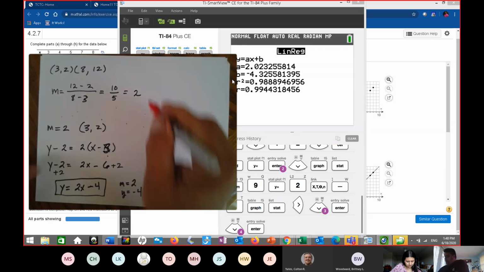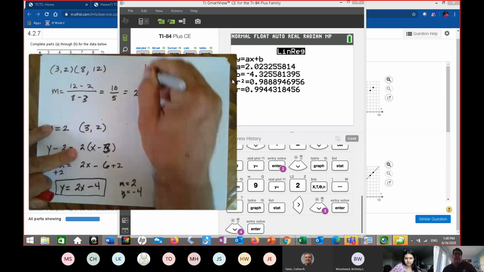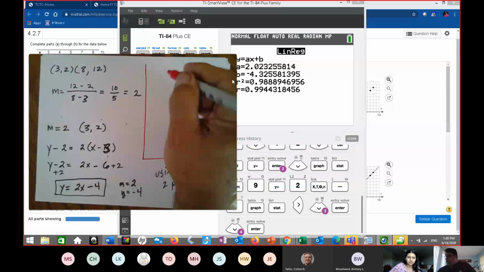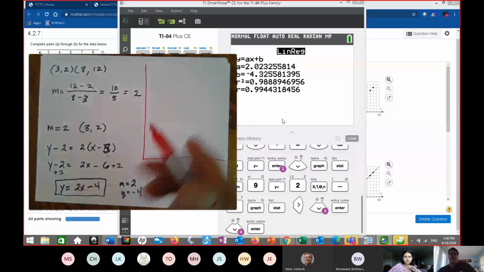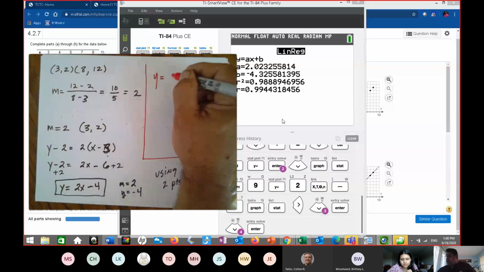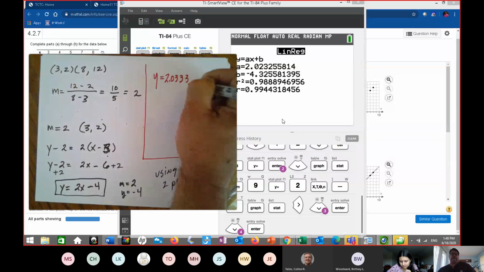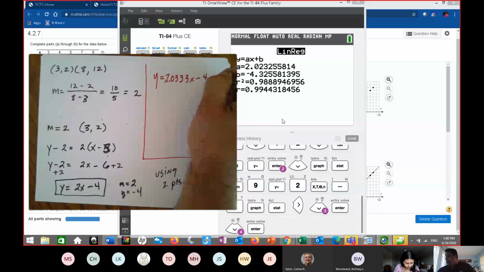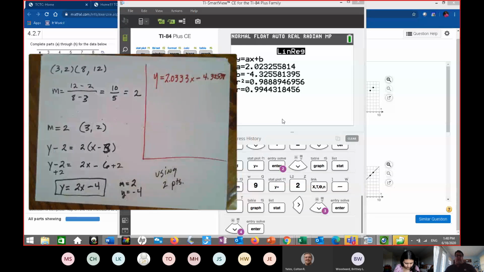Our actual regression curve is y equal to 2.0333x minus 4.32558. Now I'm going to put that in red. And my R factor is 0.99.